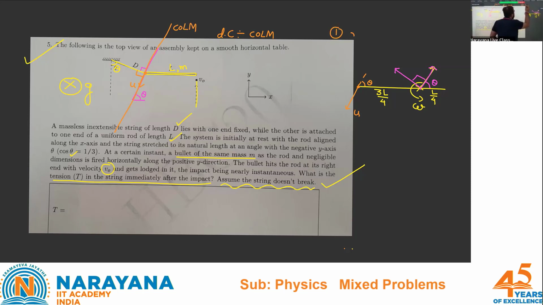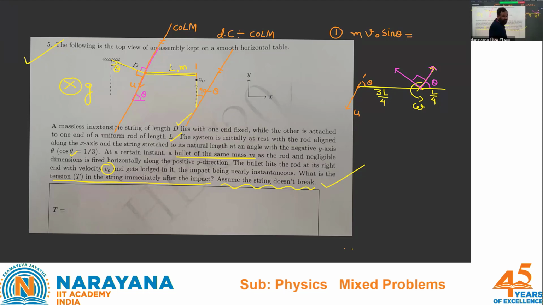I would have written m into v naught here. With respect to the line parallel to this, the angle is 90 minus theta. So I have an m v naught sine theta term in the linear momentum just before the impact.